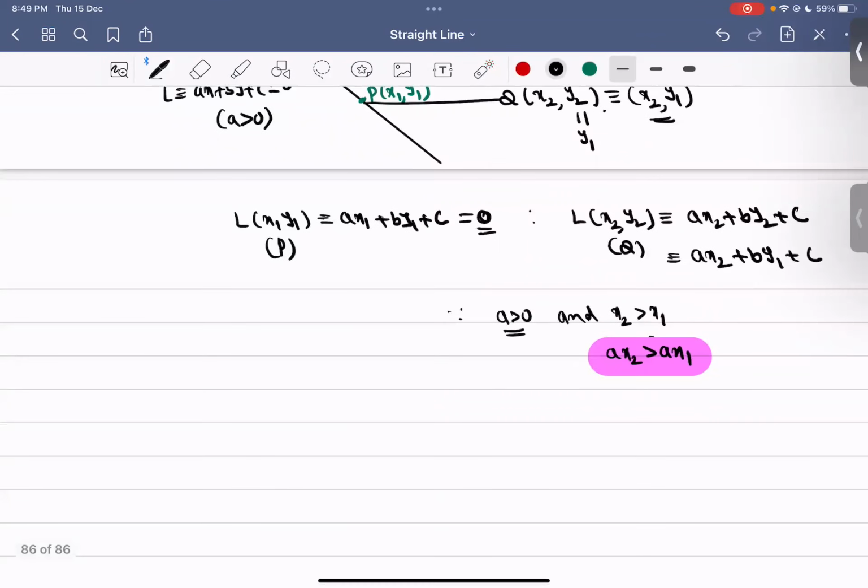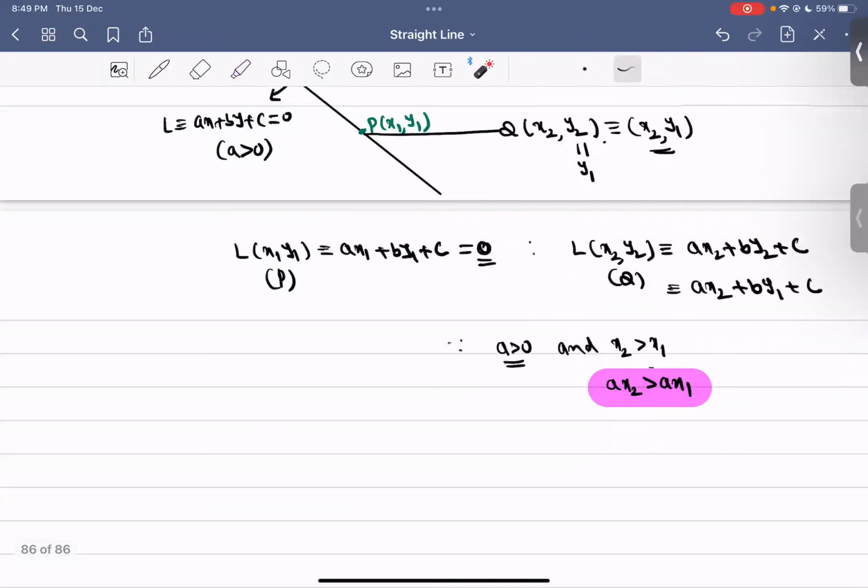Now if you observe L(x1, y1) and L(x2, y2), in both expressions this part is the same: by1 plus c is the same.